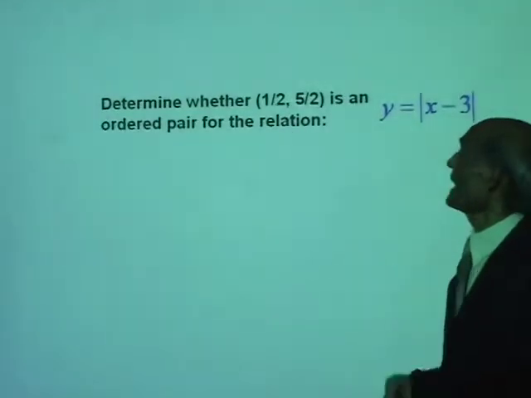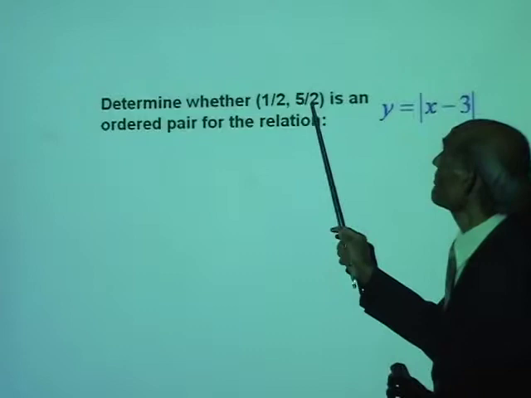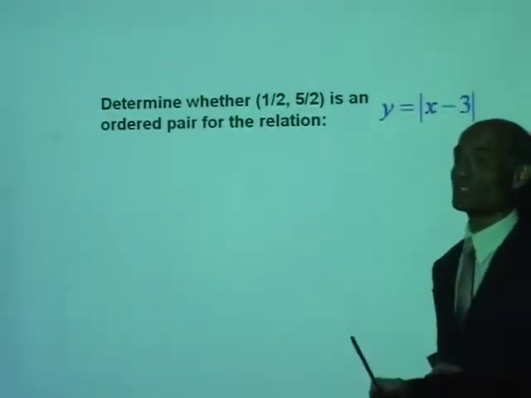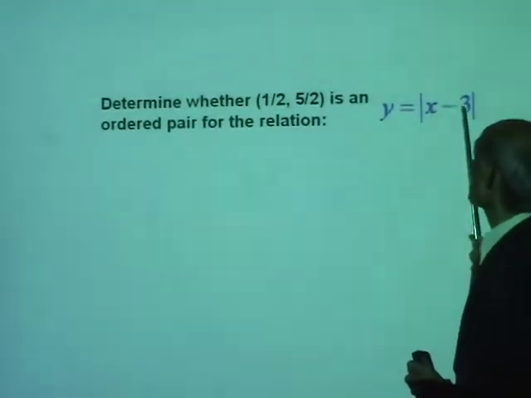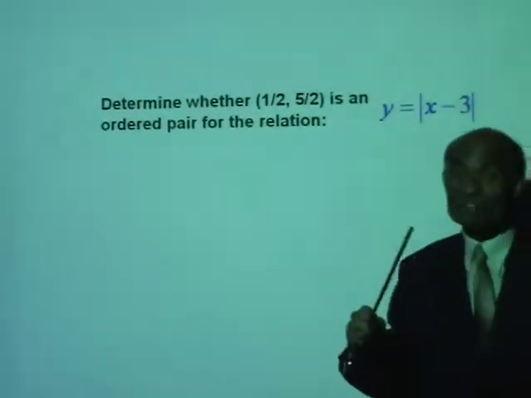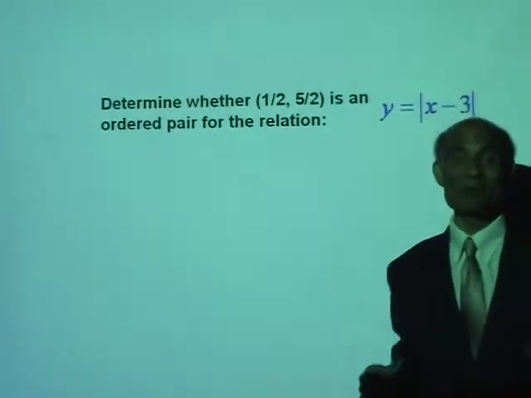Therefore, (0, 2) is an ordered pair of this. Alright, let's try this one now. Determine whether (1/2, 5/2) is an ordered pair for the relation y equal to absolute value of x minus 3. Now, look at that relation there. That's a relation between x and y, an input variable and an output variable.